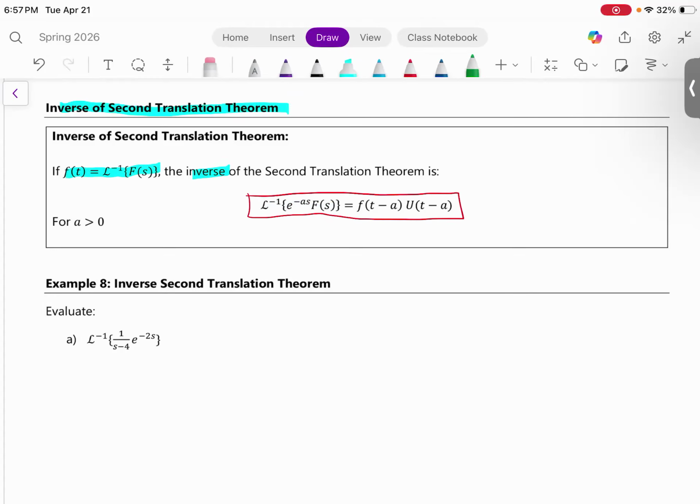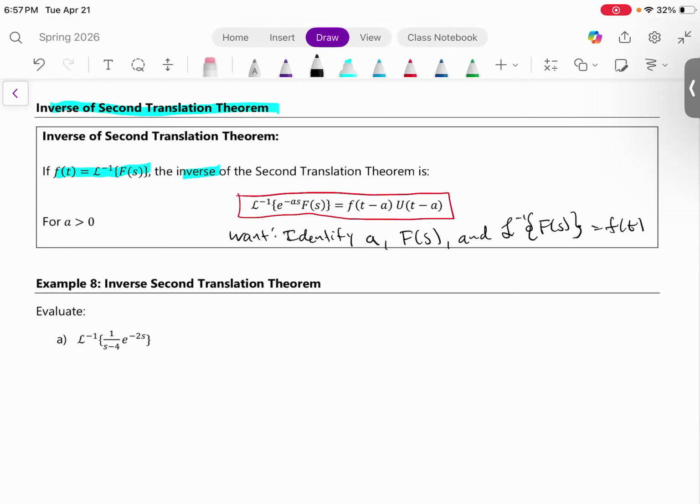Here's a bit of a checklist that I like to think of when I do these problems. I want to identify what a is, what F of s would be, the Laplace transform, and what the inverse Laplace transform of F of s would be.